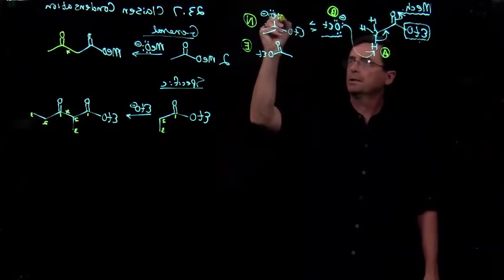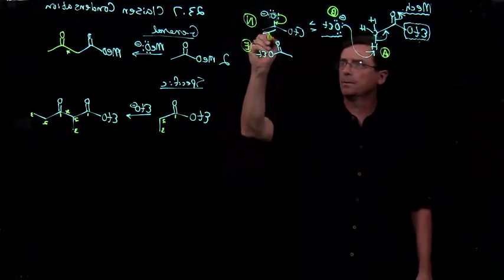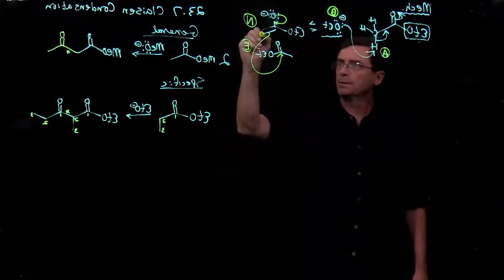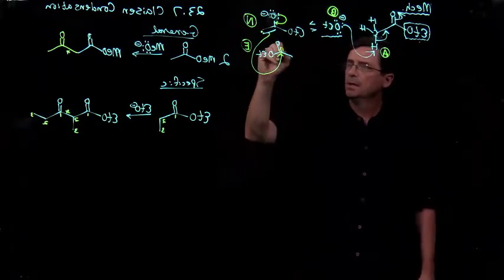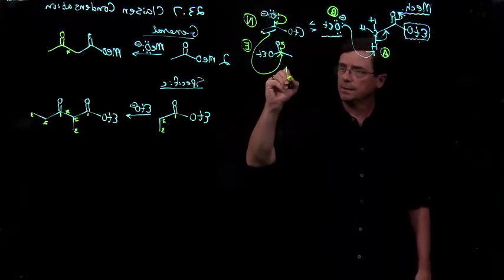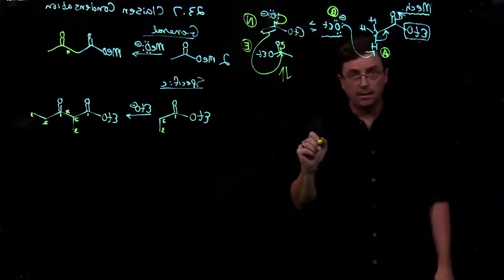Now, again, starting at the place of highest electron density, that lone pair is going to swing down to reform the pi bond. The double bond will be the nucleophilic portion connecting to the alpha position. We attack the carbonyl carbon, and that, of course, will swing up, producing an intermediate.